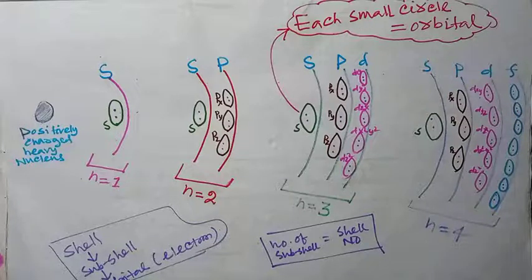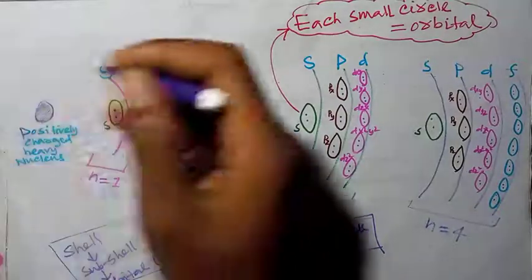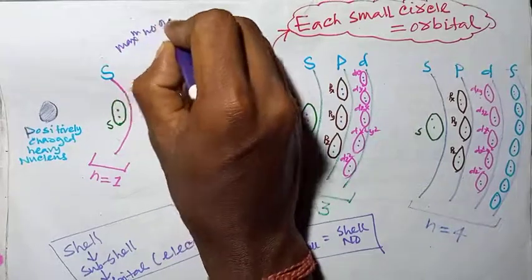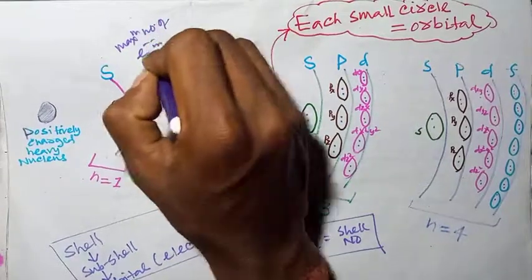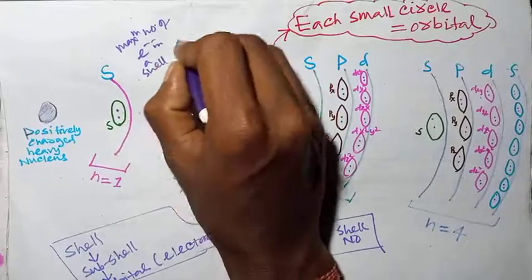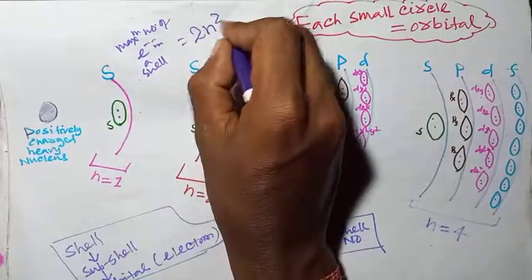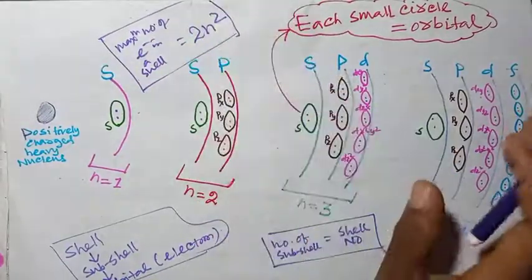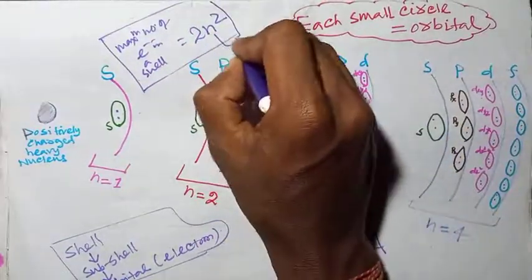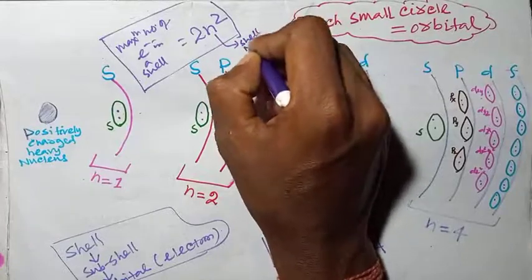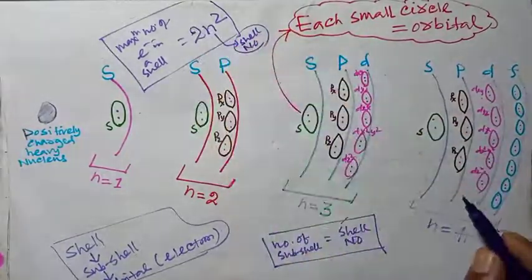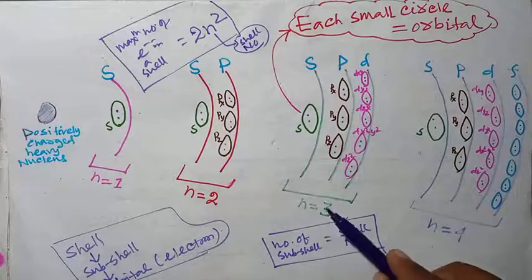So there is a rule. The maximum number of electrons in a particular shell equals 2n square, where n is the shell number. Let's say we want to find the maximum number of electrons in shell number 3.